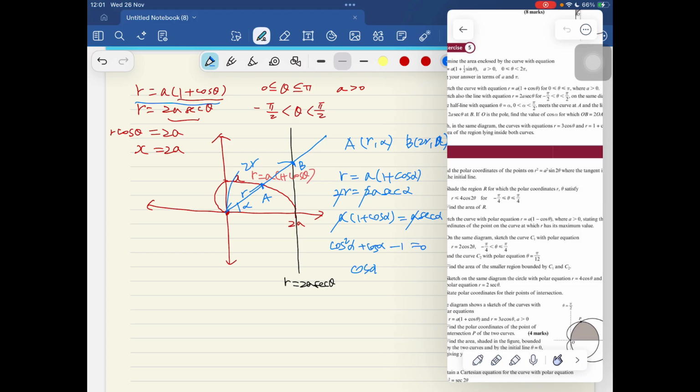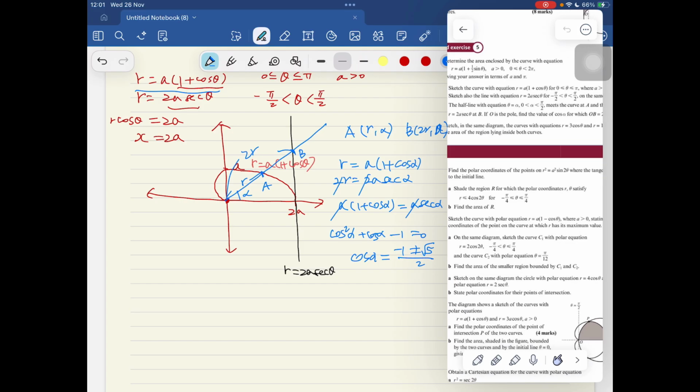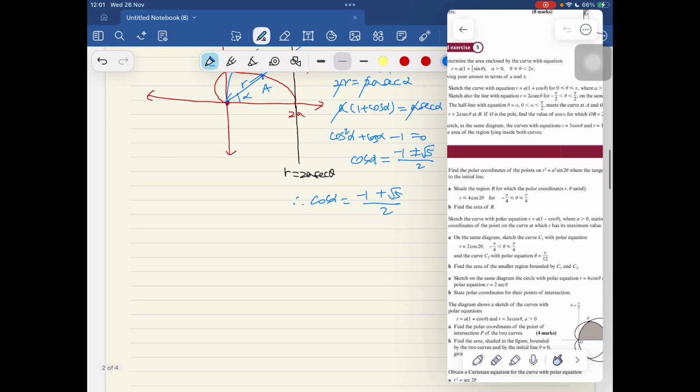So cos alpha is (negative 1 plus or minus root 5) over 2. But as alpha is an acute angle between 0 and pi over 2, cos alpha should be positive. Therefore, cos alpha is (negative 1 plus root 5) over 2.